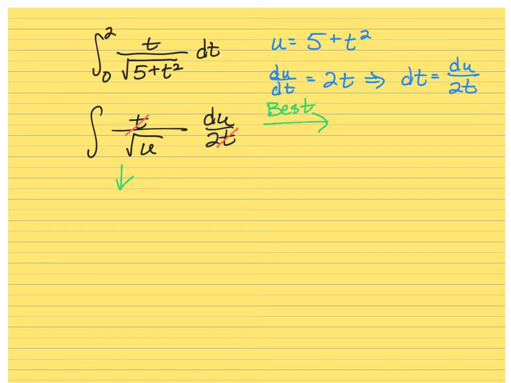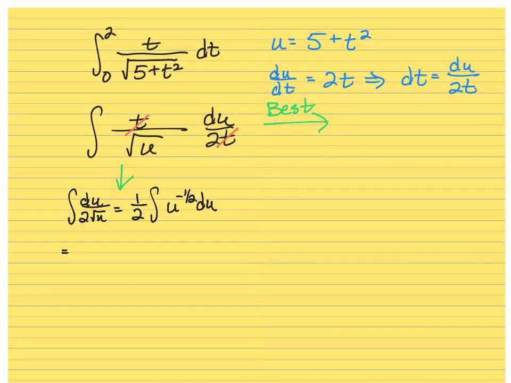Okay. So the first route that I'm going to show you is just to continue down the path that we've already established. So this is the integral of du over 2 square root of u, but if I rewrite that, 1/2 integral of u to the minus 1/2 du, right? Because that's what the 1 over square root of u is. And I integrate it.